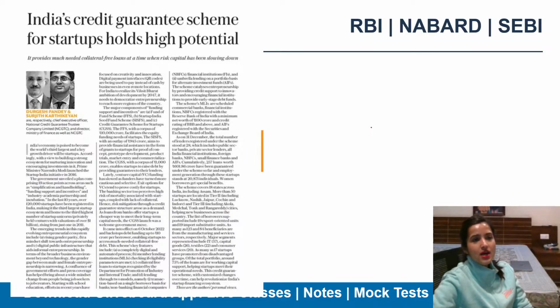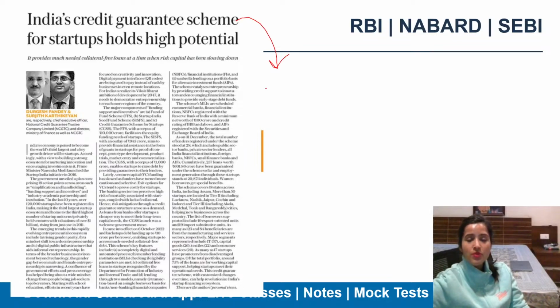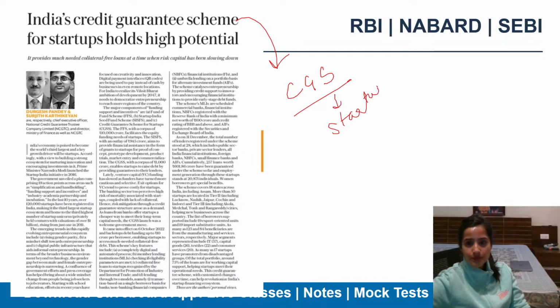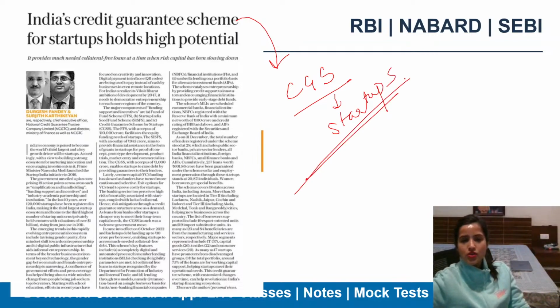Okay. So India's credit guarantee scheme for startups holds high potential. So now what are we talking about? The credit guarantee scheme for startups. They are talking about the potential of this scheme for startups. Right?